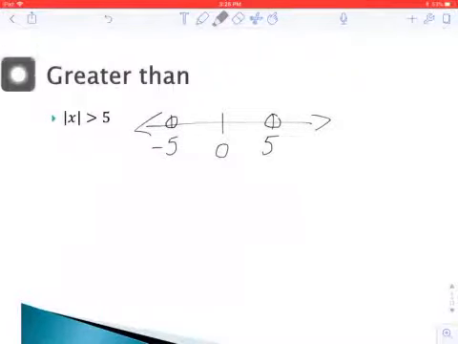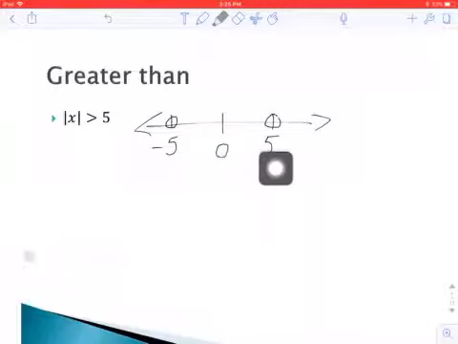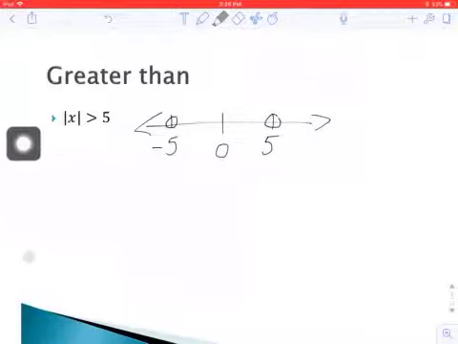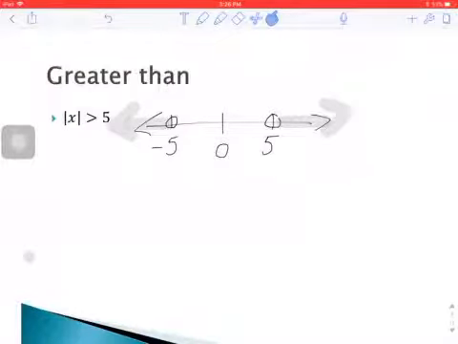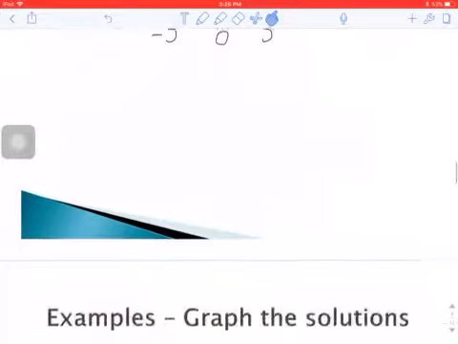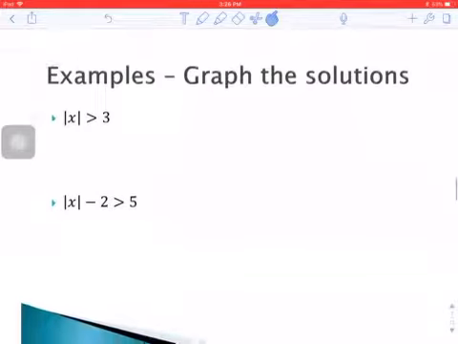And if I want numbers that are more than 5 units away on the right, that makes me go more right. And if I want numbers that are further away from 0 on the left, that makes me go more left. So I'll be shading everything on the right here. Make sure you include arrows, and on the left there. So it's a very different type of graph that we'll be dealing with greater than. But they will kind of look like that for absolute value situations.